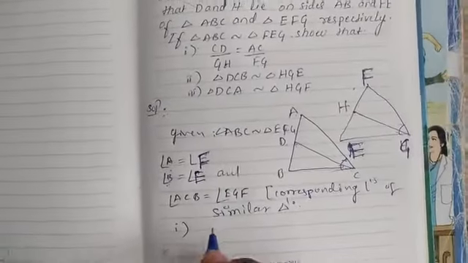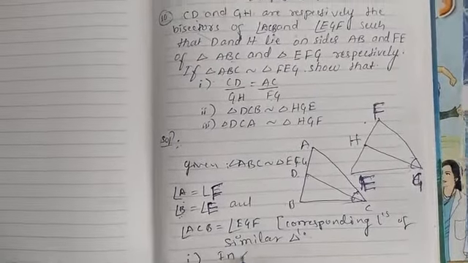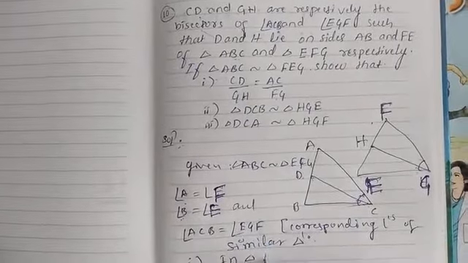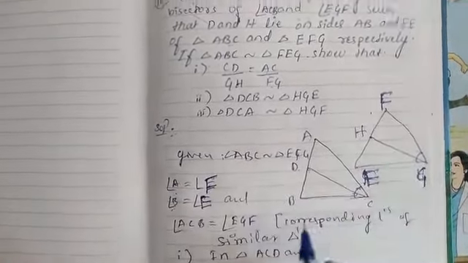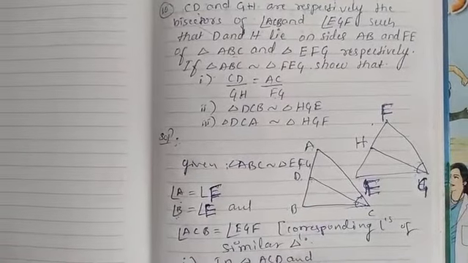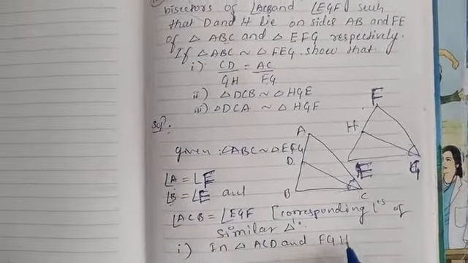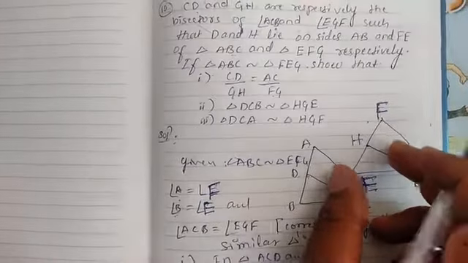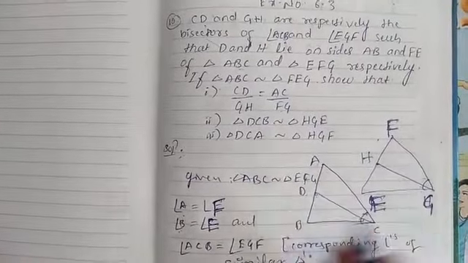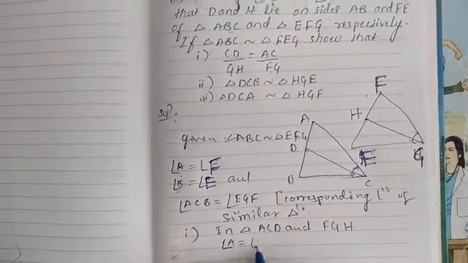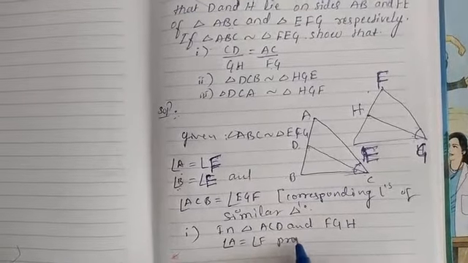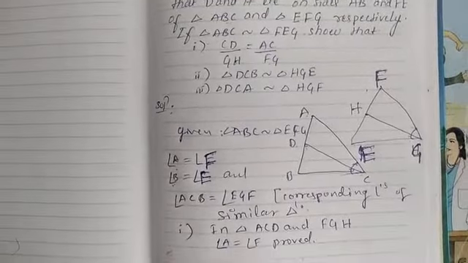So children, see, in triangle ACD and triangle FGH, compare these two triangles. Angle A is equal to angle F, already proved, because the triangles are given similar.